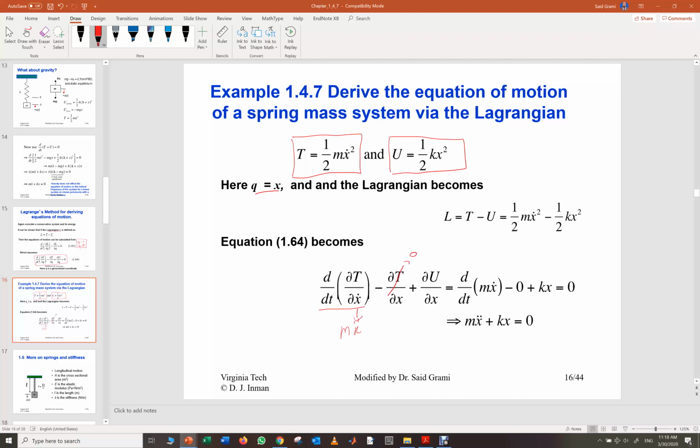For delta U over delta x, we get kx. So it will be the derivative with respect to time of m x dot, minus 0, plus kx.